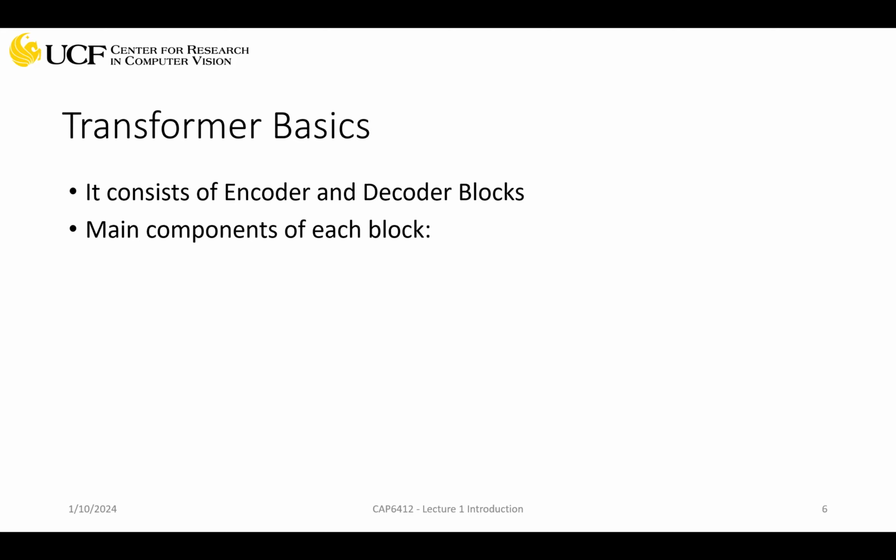Okay. So the main components of each block: we have self-attention, that's a very important concept, and I'll explain in detail. And then we have layer normalization, and then we have a feed-forward network. So those are the 3 things in transformer encoder, decoder.